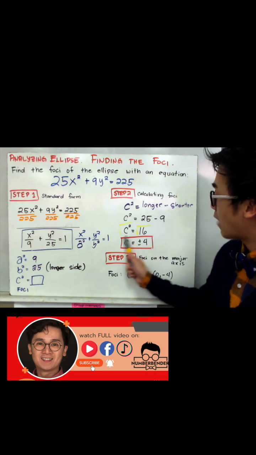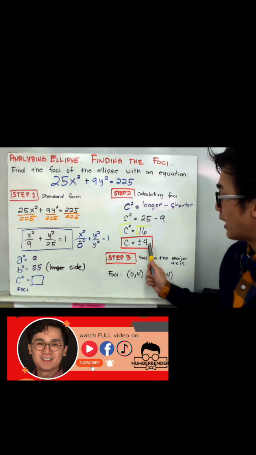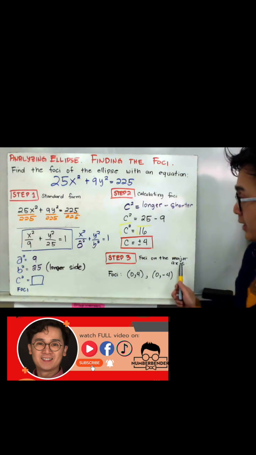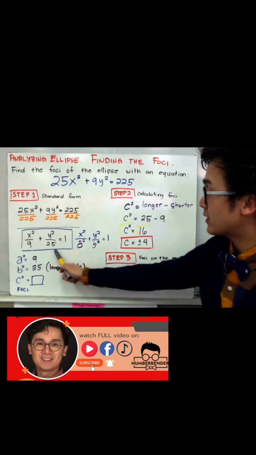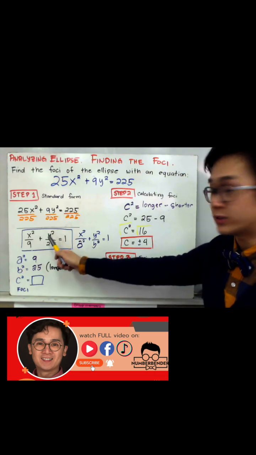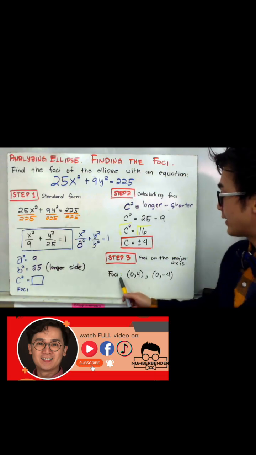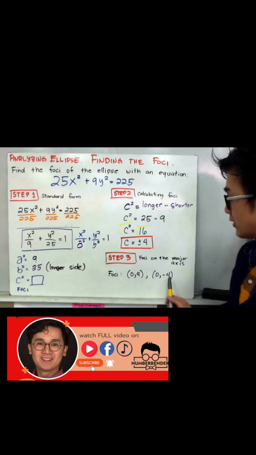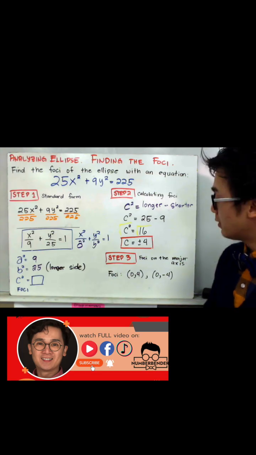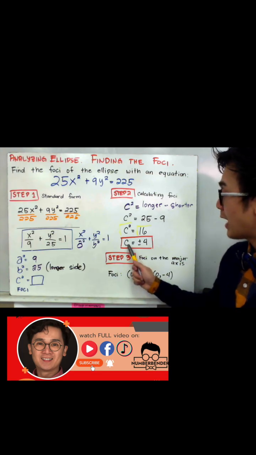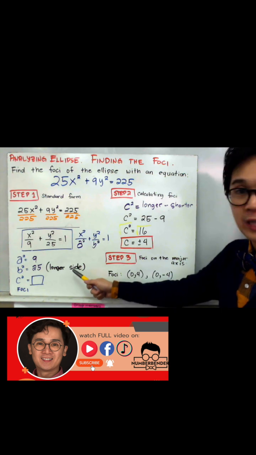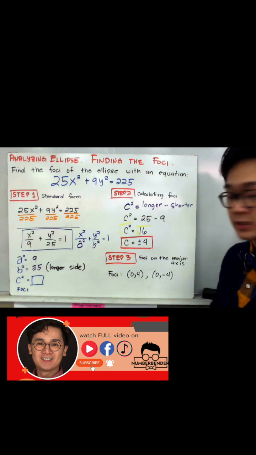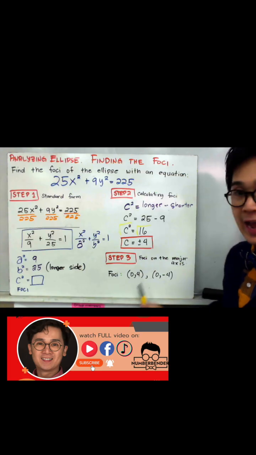So this will be our foci, and since our foci is on the major axis, and the major axis here is along y squared, the foci will be given by the points (0, 4) and (0, negative 4). When you're solving for c, you have to look at the major axis to check how you're going to write your pair of points, which is here along the y-axis.